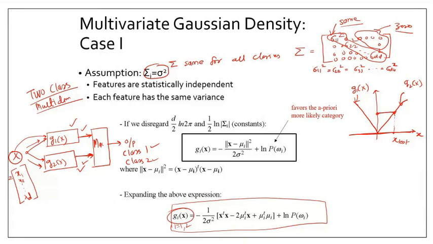This is your output for g_1(x), and what will be the contribution for g_2(x)? You extend this line, and you will see that it intersects here. g_1(x) will produce output here, g_2(x) will produce output here.